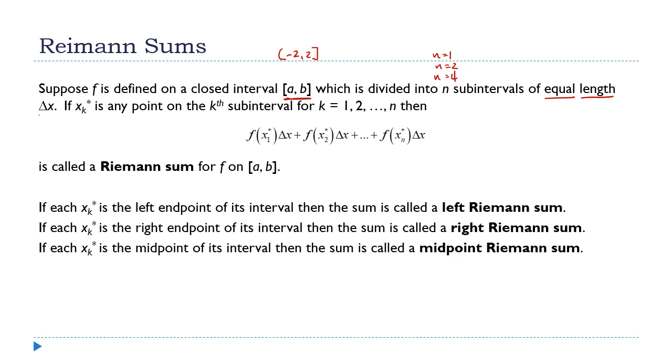And we're going to call that length delta x. Remember, for us, it was what, 4, 2, and 1? Those were our lengths. Those would have been the delta x. xk star is any point on the kth subinterval. For the first 3 examples that we did, those were the midpoints. For the last example that we did, those were the left endpoints.